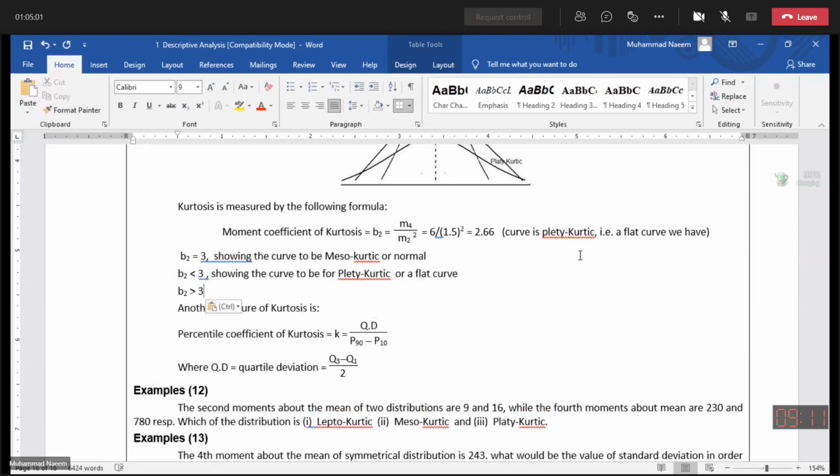Value of B2 greater than 3, showing the curve to be leptokurtic, or with the high peak.